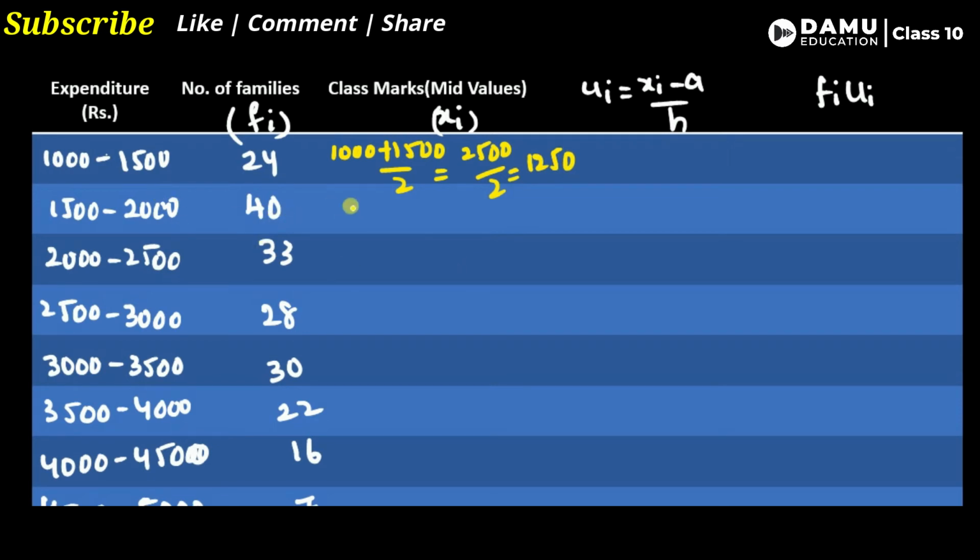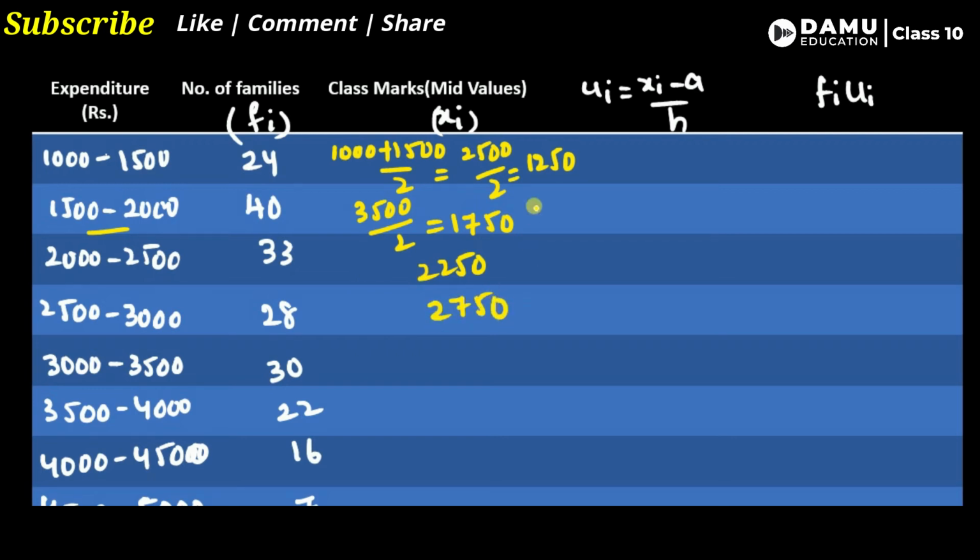Then (1500 plus 2000) is 3500, and 3500 by 2 is 1750. Like this we have to find it. Then 4500 by 2 gives 2250. Then 5500 by 2 gives 2750.